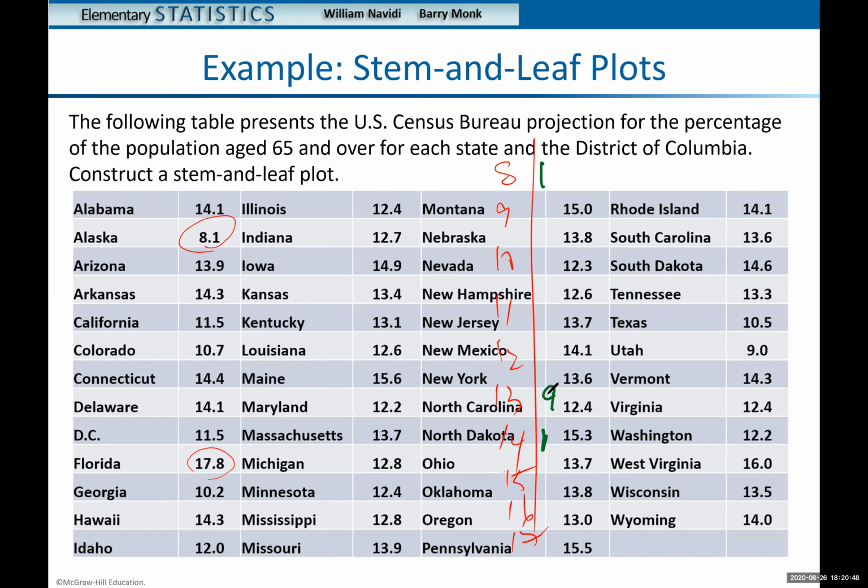The next, 14.3, so it's going to be 3 here. 11.5, so 11, and the leaf is 5. Next, 10.7, so 10, 7. 14.4, and so on and so forth, everything, up to 14.0, where there's going to be a 0 here. Did you get that? So you're going to tally the leaf of each state for all these stems from 8 up to 17.